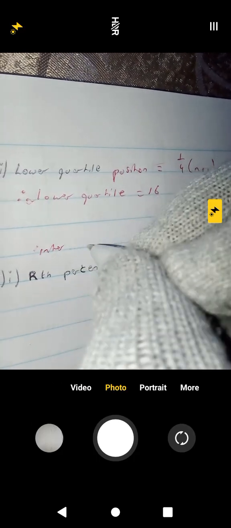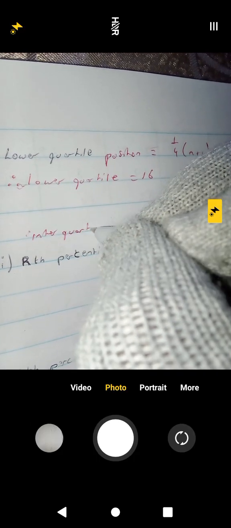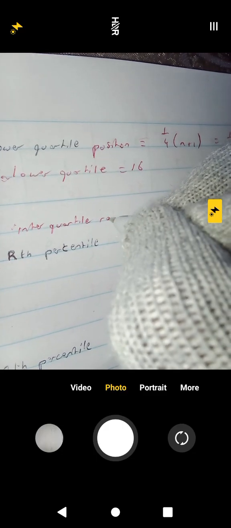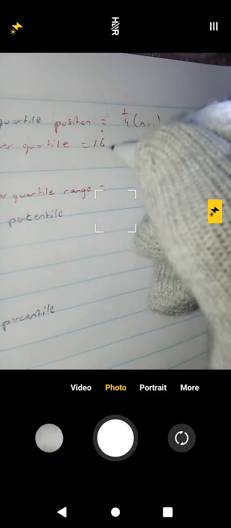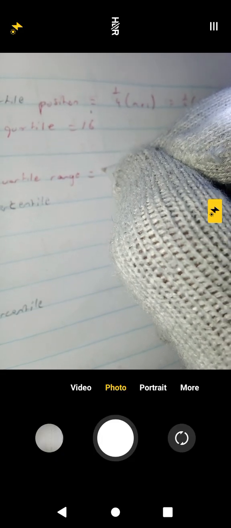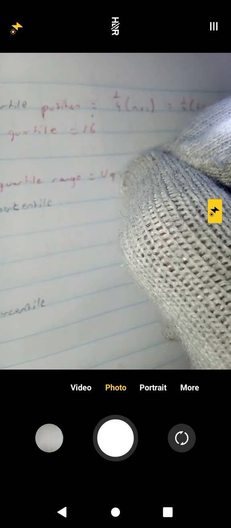The interquartile range is just, I'll abbreviate it, the upper quartile minus the lower quartile.